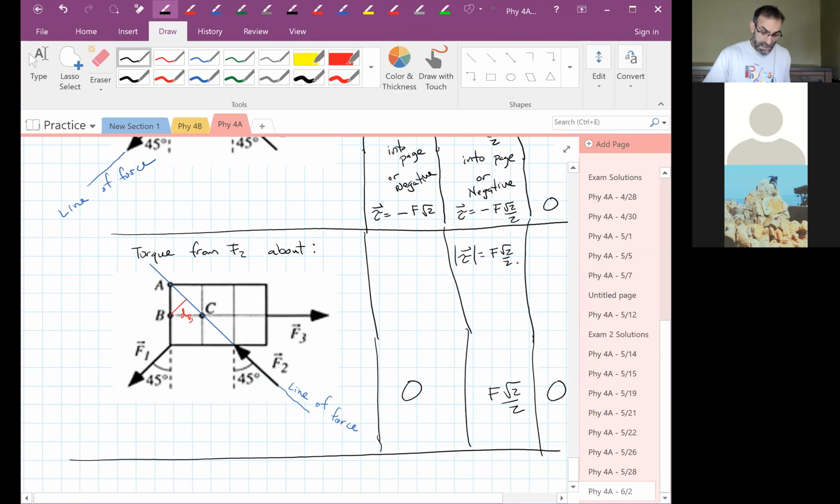Positive, right? It is out of the page. And one more.